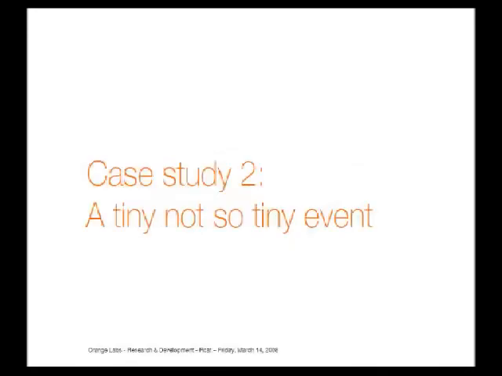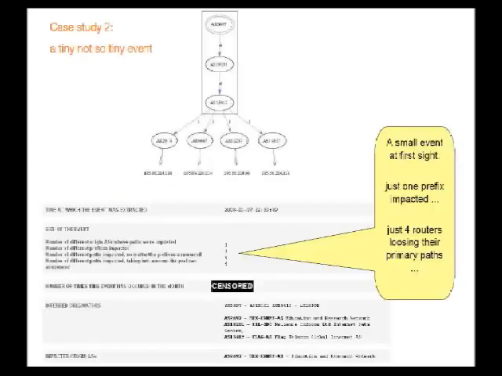Okay, so now the second case study, which for me highlights maybe the most interesting feature of Rcat. As you can see at first sight, it seems to be a very small event. You can notice there's only one prefix impacted.